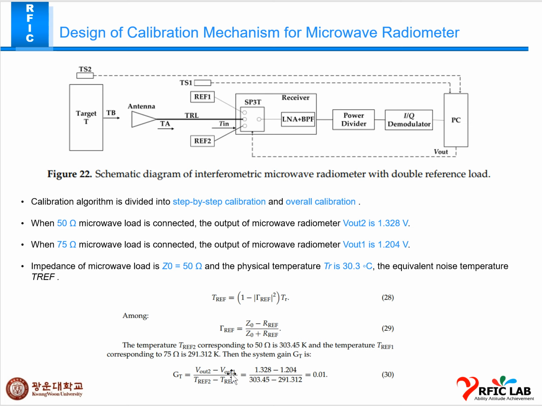For the gain, we are about to use this formula, the basic formula: V out minus V1 upon temperature reference 1 minus T reference. Input the values, and you will get the final result as 0.01.